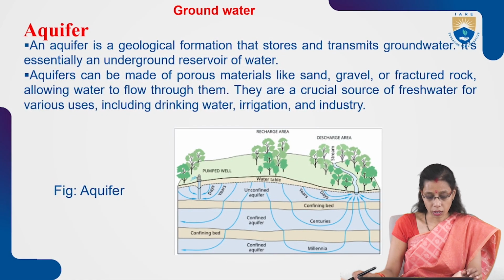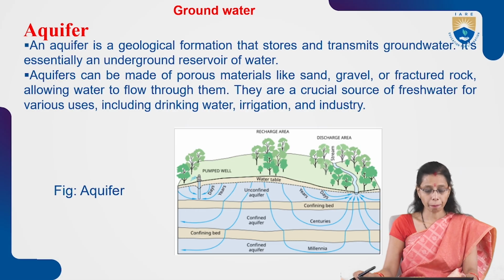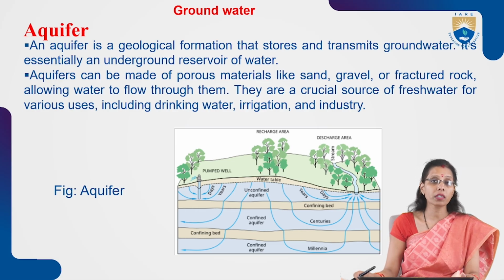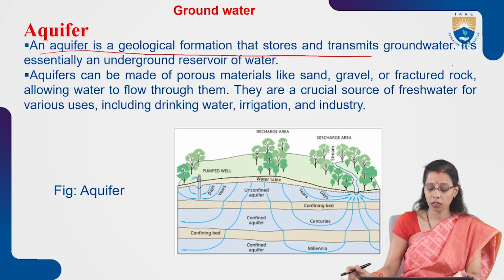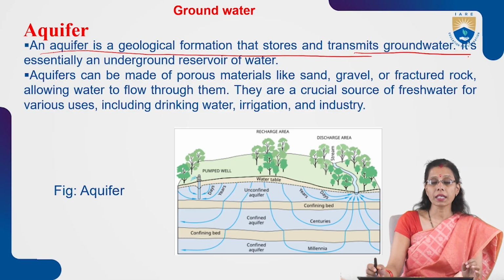Now, when you talk about the aquifer, the aquifer is the most important part of groundwater. An aquifer is a geological formation that stores and transmits groundwater. It's essentially an underground reservoir of water.